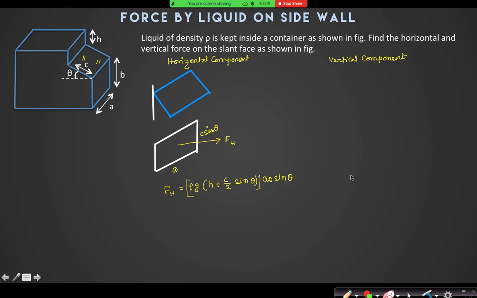I will only draw the free body diagram of the liquid that lies inside the wedge. Only draw the free body diagram of this liquid. The rest of the part, I won't bother.